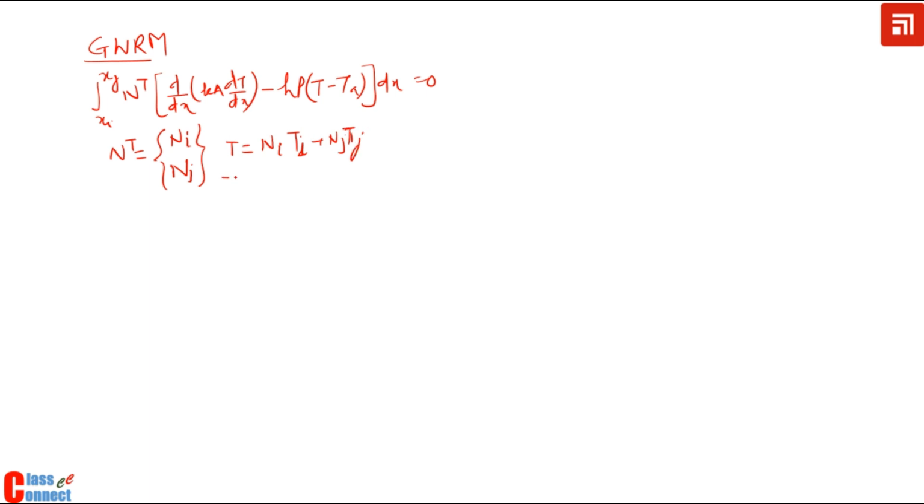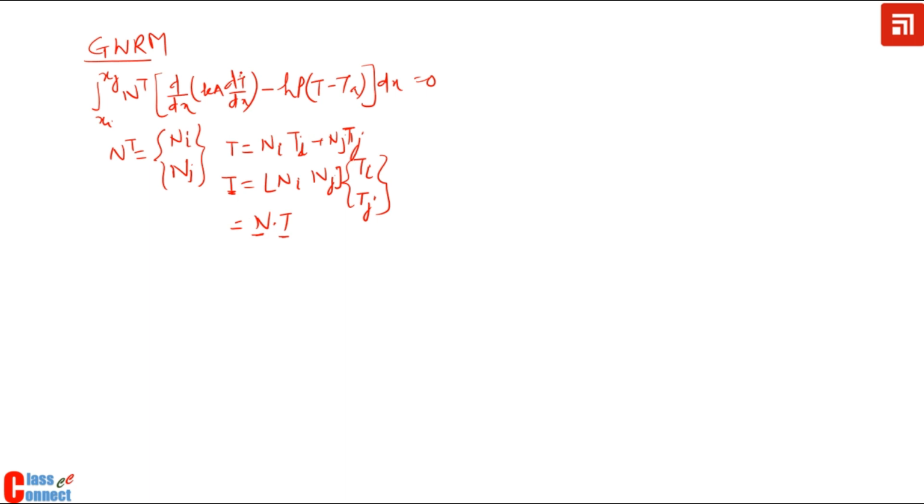So I can write this T as the row Ni, Nj, and then the column Ti and Tj, or I can write this as N times T. Oh sorry, this is not T here, so N times T, and these are the matrix notations, and this T is the expression.